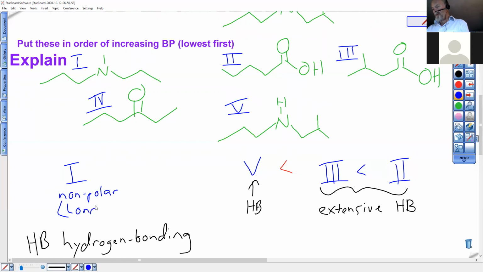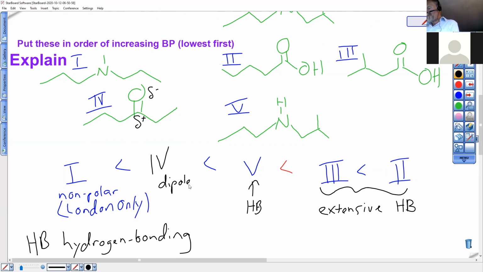It's the only time I'm going to use that short form, so let's not have a short form. And then we have a carbonyl, which has what kind of a bond here? With a slightly positive and a slightly negative, because the electronegativity difference is greater than 0.5. It's called dipole. Yeah, we always have to review our intermolecular forces.